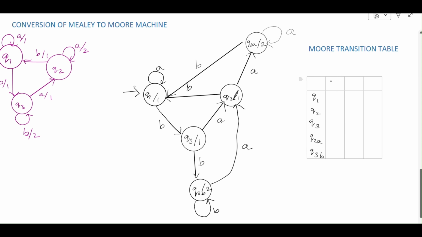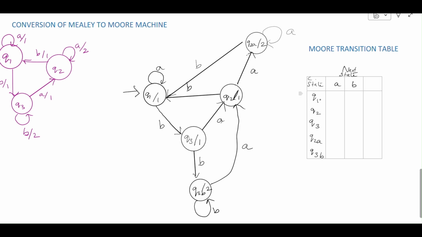So this is the state, this is the current state, and this is the next state. Upon input A and upon input B, what is the next state it is moving to?